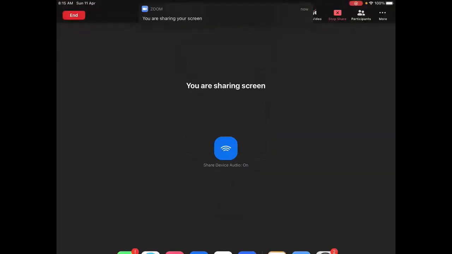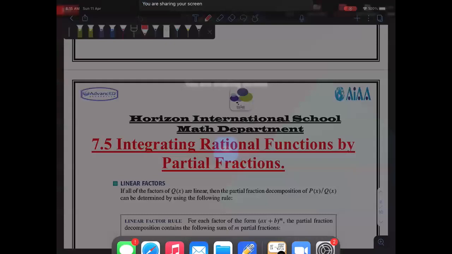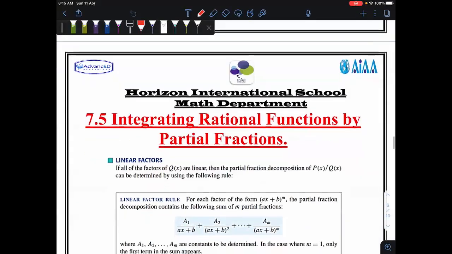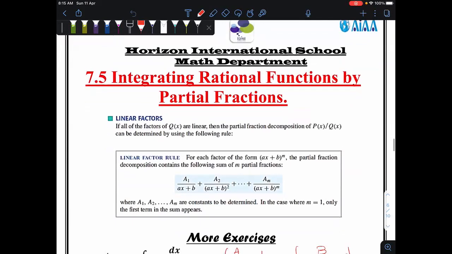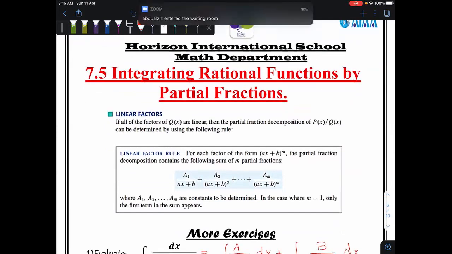Okay. Yes, so here, guys, we have 7.5, integrating rational functions by partial fractions. Here is the basic fact, guys, called the linear factor rule. For each factor, if it's linear in the denominator, we add a constant in the numerator.